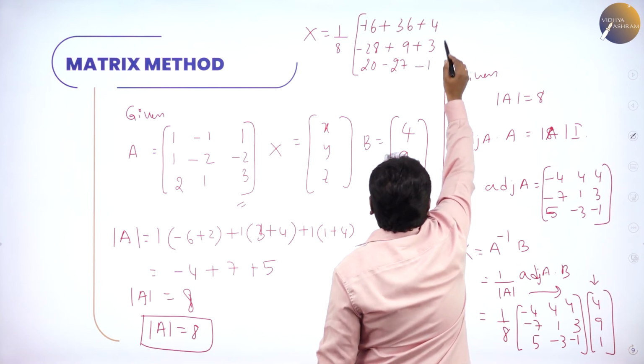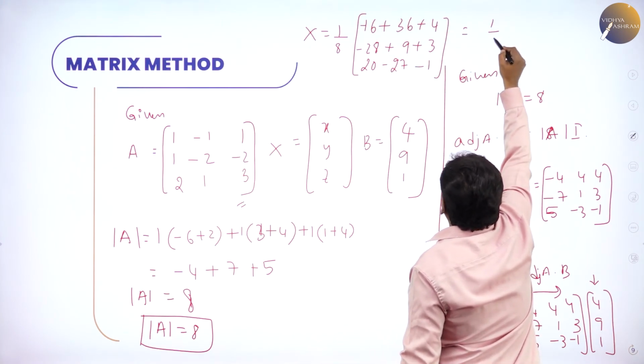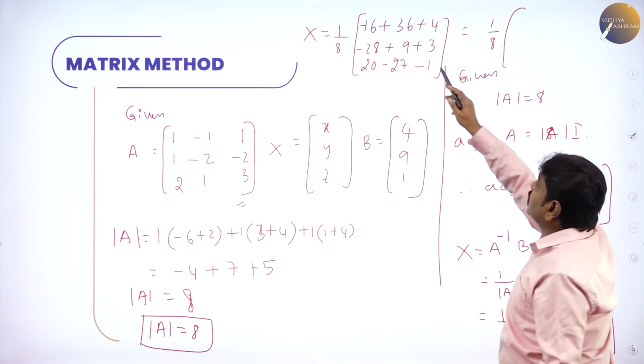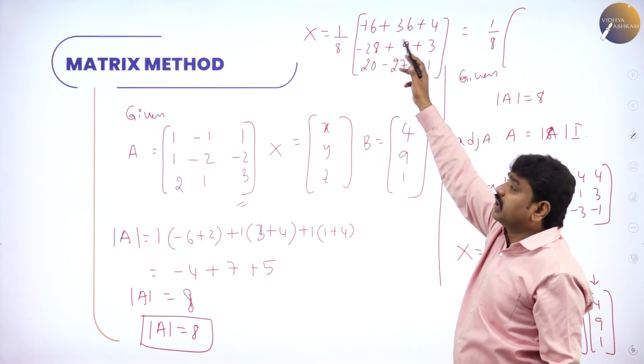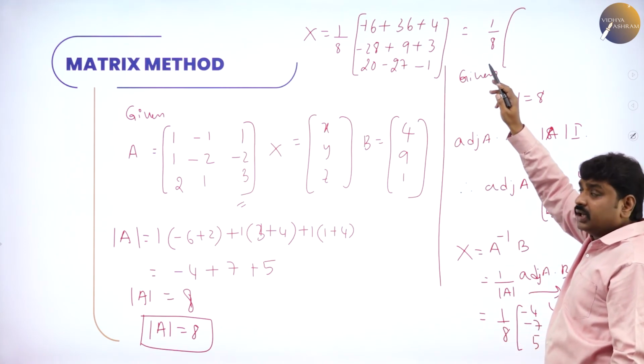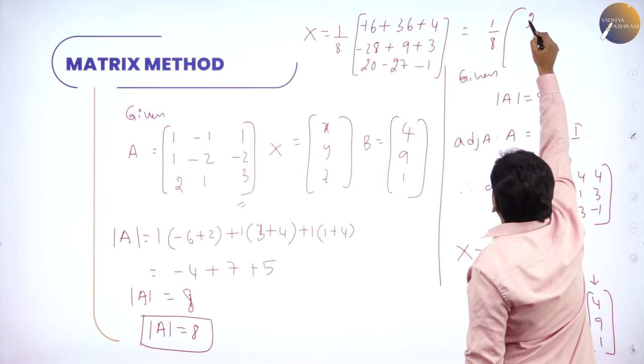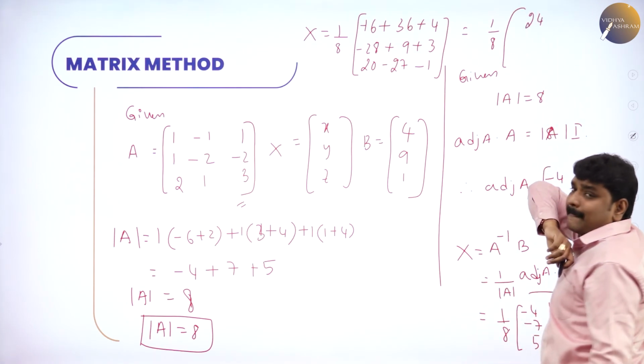Simplify this, so you get 1 by 8 into: 36 plus 4 is 40, 40 minus 16 gives you 24.